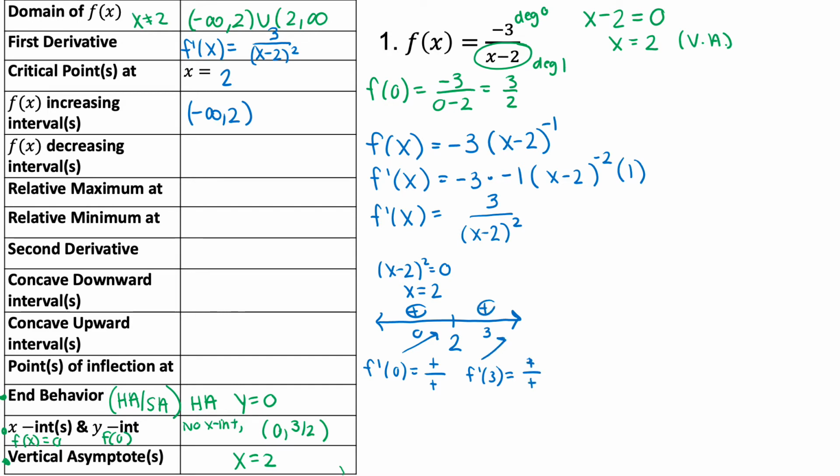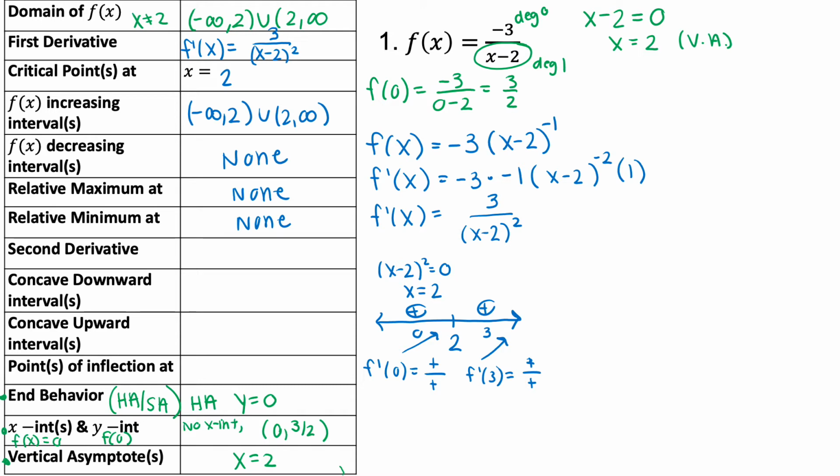So we are also increasing after that from 2 to infinity, which means we have no intervals where we are decreasing. Because we don't have any change in increasing or decreasing, we actually have no relative maximums and no relative minimums. So far, not too exciting.